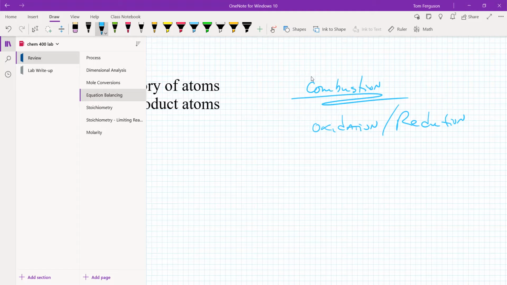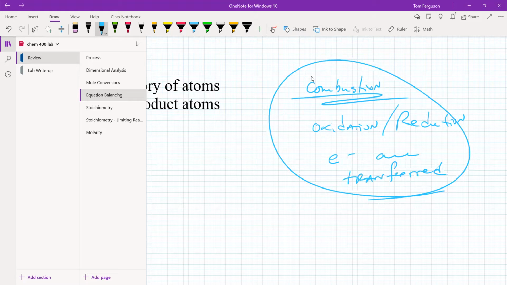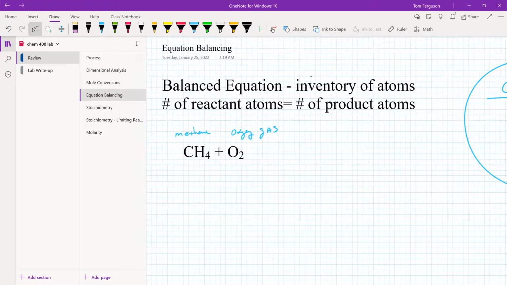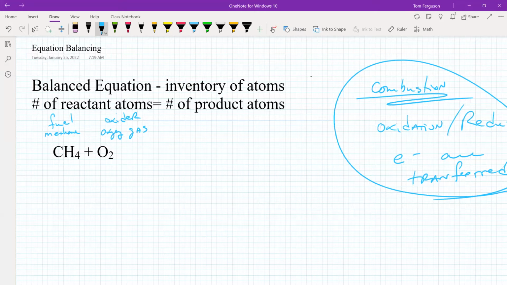That means electrons are transferred. So we have a fuel and an oxidizer. The fuel in this case is methane, the oxidizer is oxygen. That's just a precursor of what's coming when we talk about types of reactions.